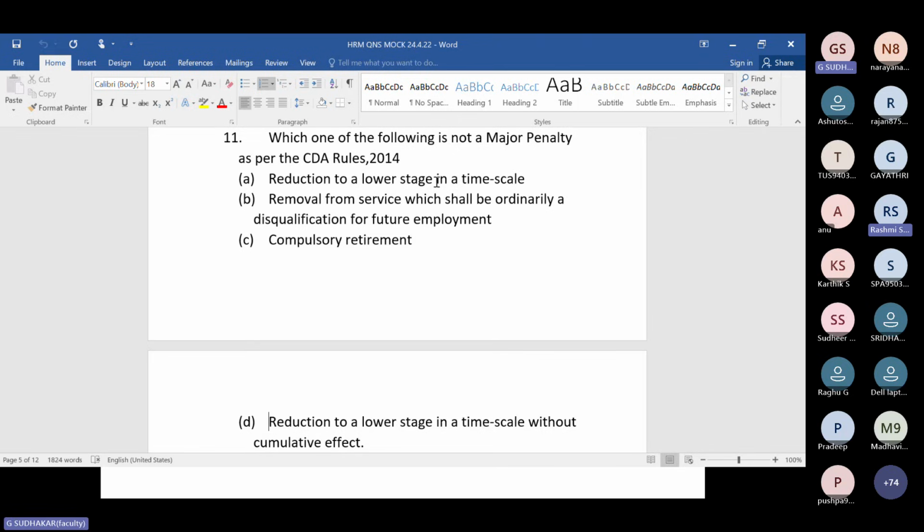One more thing I want to ask. If he is on the third stagnation and he is penalized with 2 increments, in case of minor penalty, what will be the repercussions? He will be brought immediately from third stagnation to first stagnation.